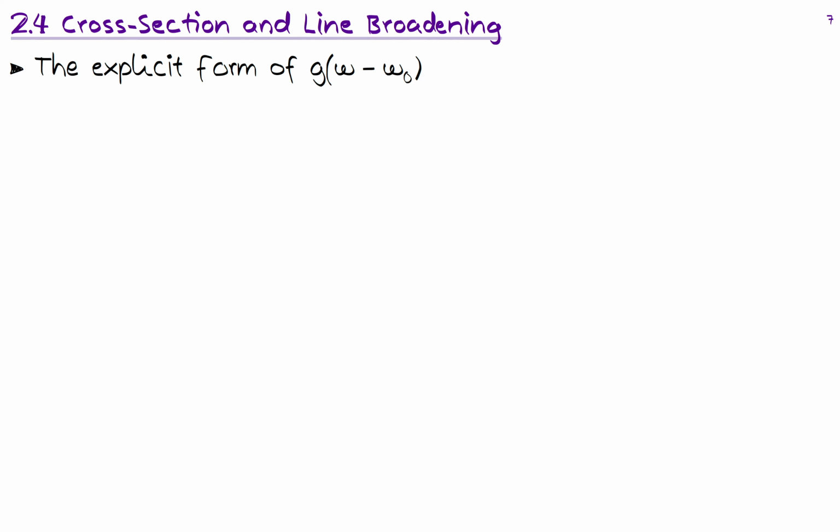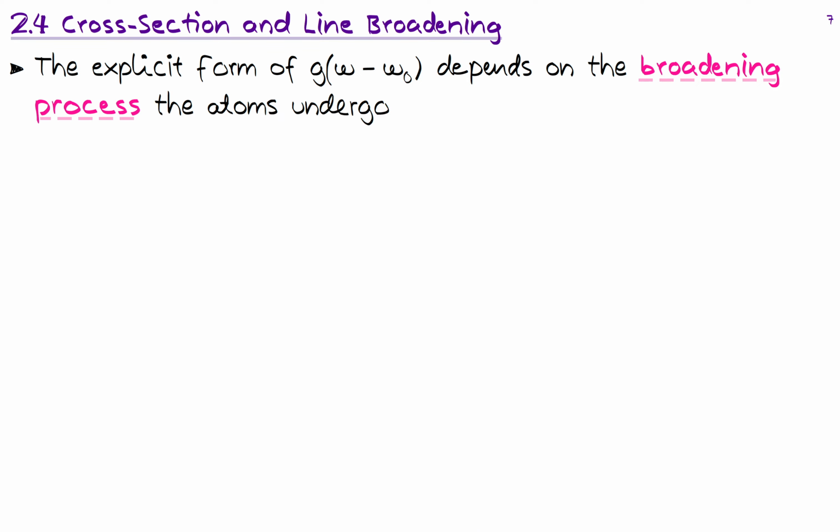The explicit form of this line function depends on the material, on the properties of the medium and the environment, that is, on the broadening process that the atoms undergo when they are brought together. When making a solid-state gain medium, the line broadening is very different from that in a gaseous medium, and so forth.